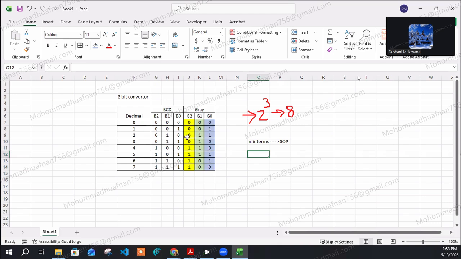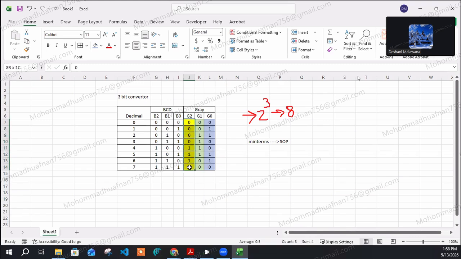Okay. Just assume that here 0, 0, no. Here 1. Here these 3 also 1. Only 1 0 is there.